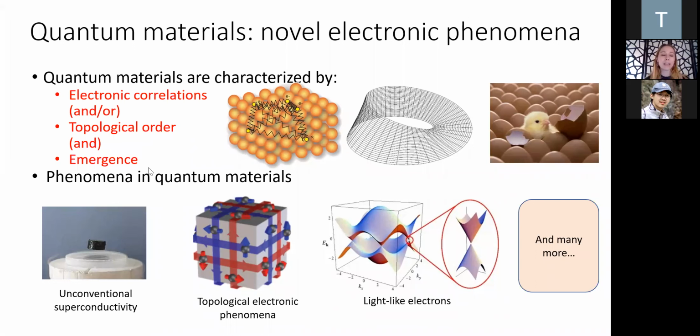That is the idea that more is different, and the properties of many electrons in a crystalline solid cannot always be predicted from understanding the properties of just one electron. So among quantum materials, there are sort of two categories and some materials that also span both categories. So the two categories are, first of all, materials that have strong electronic correlations.